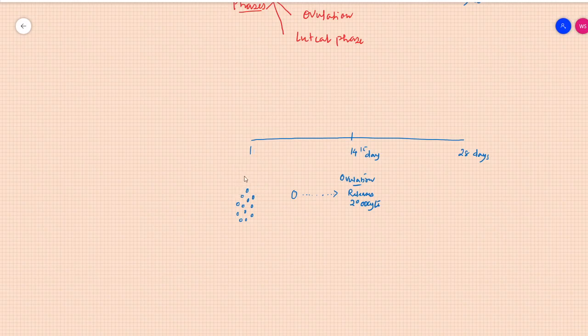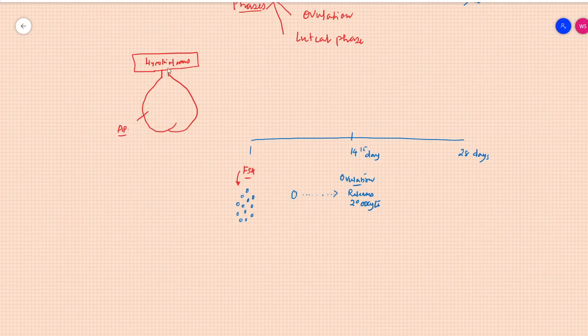FSH and LH. So we said for the development of the follicles, we need FSH. And how does FSH come into being? Because it is released by the hypothalamus, and if this represents the pituitary, this represents the anterior pituitary.